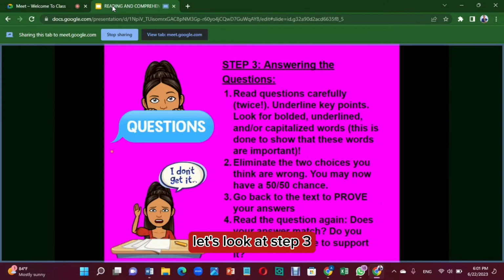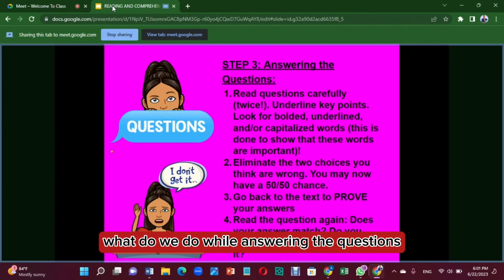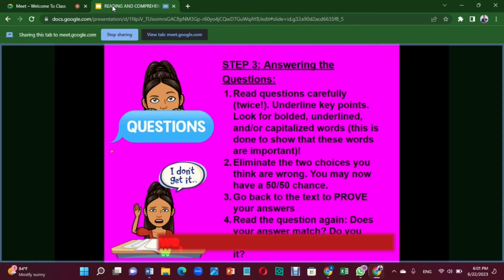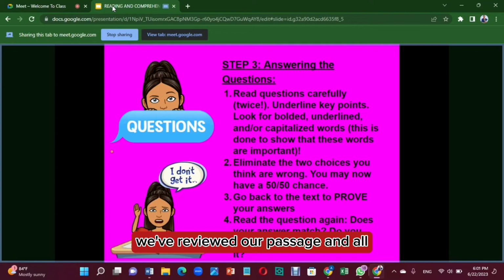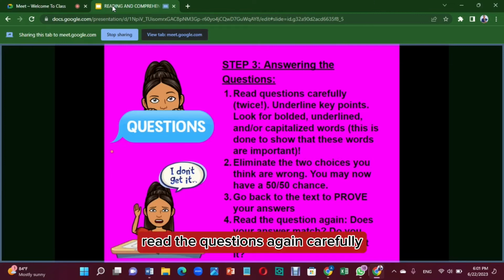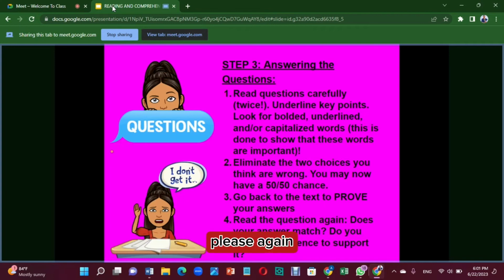Let's look at step 3. What do we do while answering the questions? We've read the passage, we've reviewed our passage, and all. What is next to do? Read the questions again carefully. You know, I told you to read them earlier. Please read them again. Underline key points.